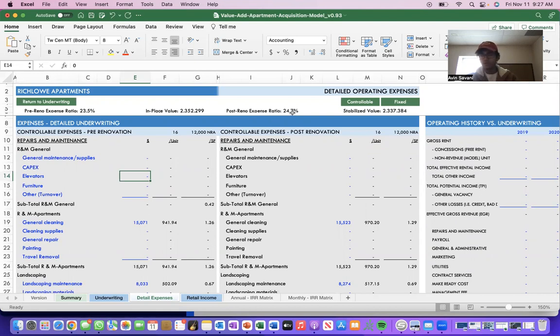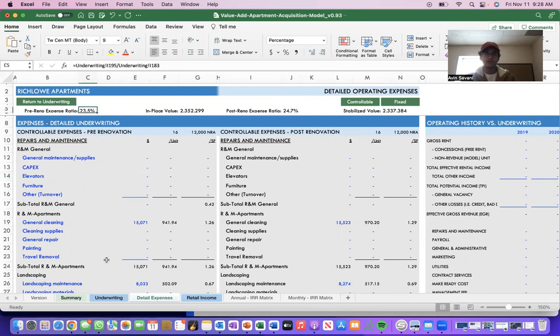Operating expense ratio is something that a lot of landlords look at because they want to see how much money they're spending on operating expenses. It's essentially all of the operating expenses divided by the effective gross revenue, right?